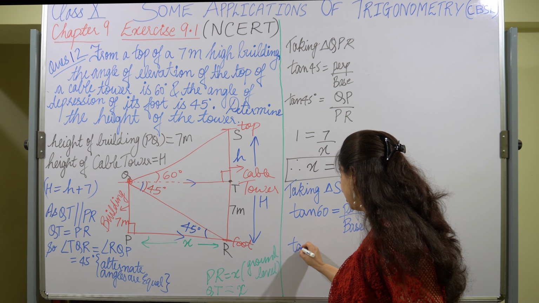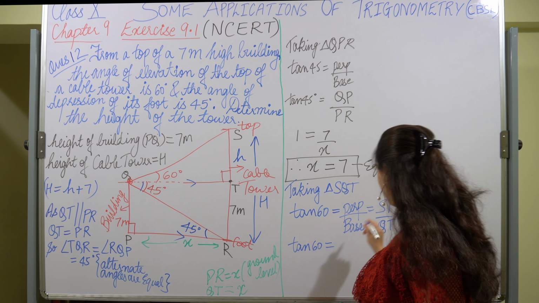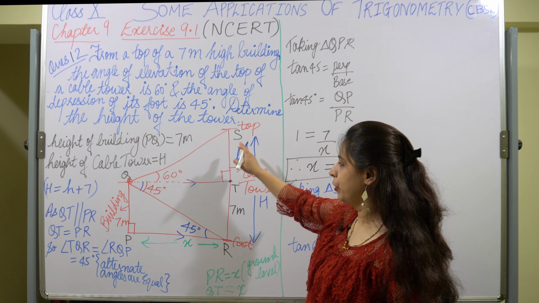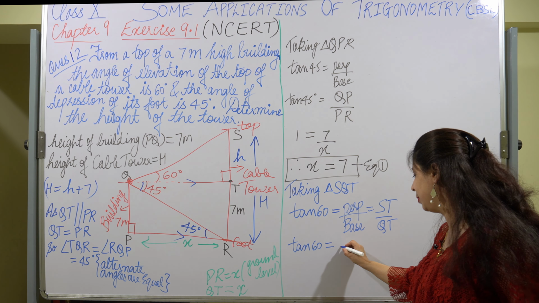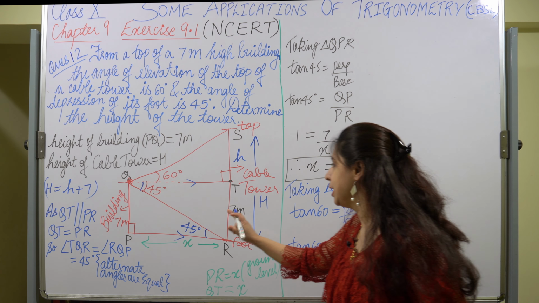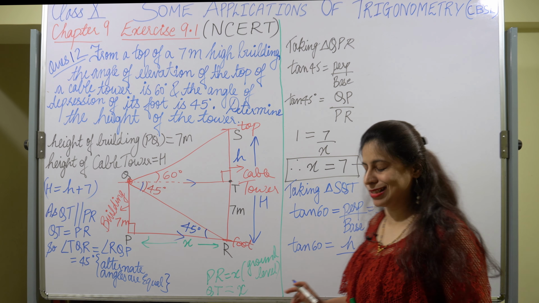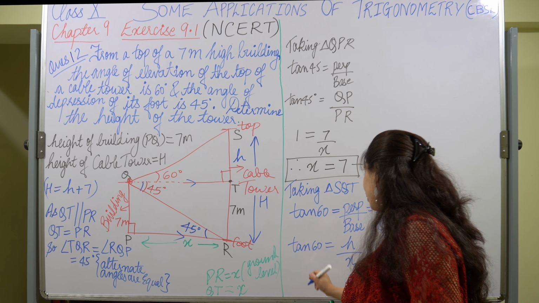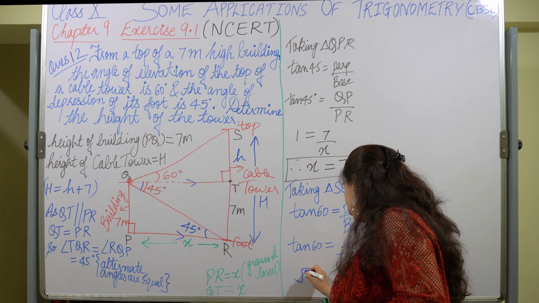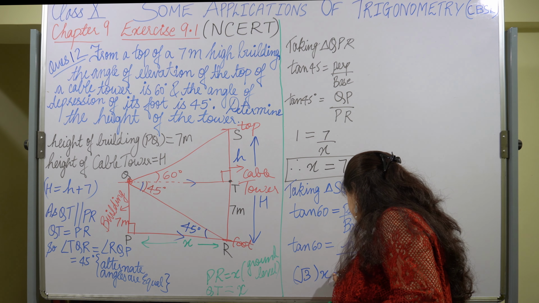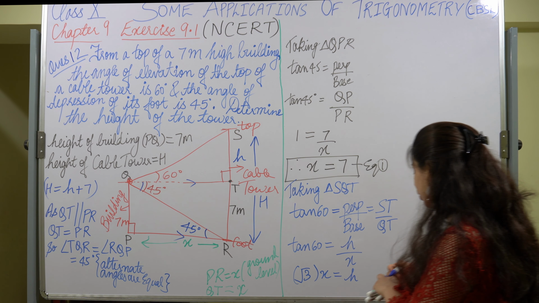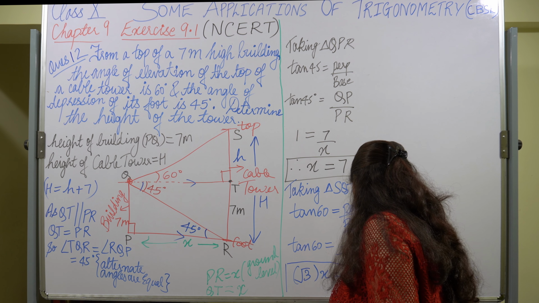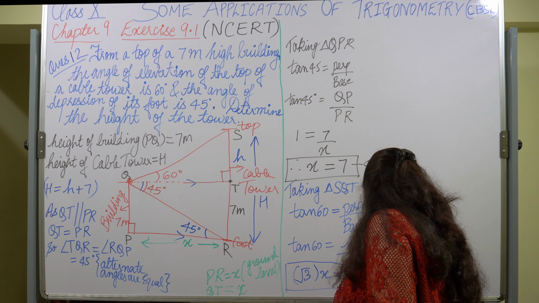So tan 60 will be equal to ST, which we have assumed to be small h, so it will be h, and QT we have assumed to be x. So we can see from here tan 60 is given by √3, so √3 into x is equal to h. Let us mark it as equation number 2.